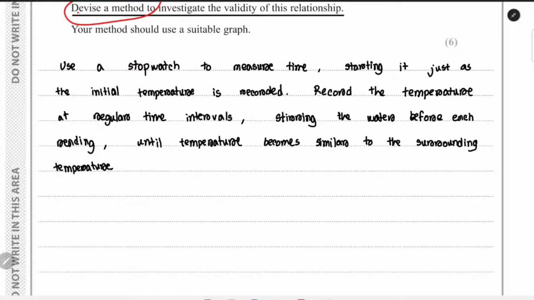Now we'll talk about the graph and the last point. So now we have to plot a graph of ln theta against t.